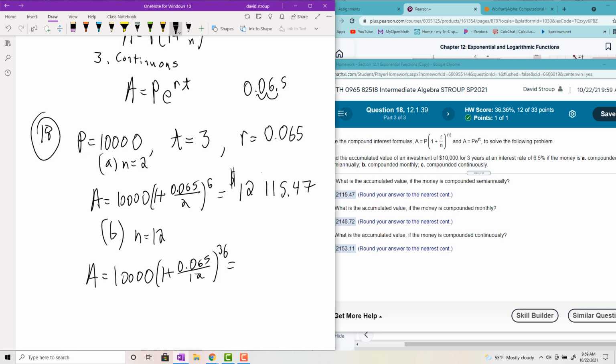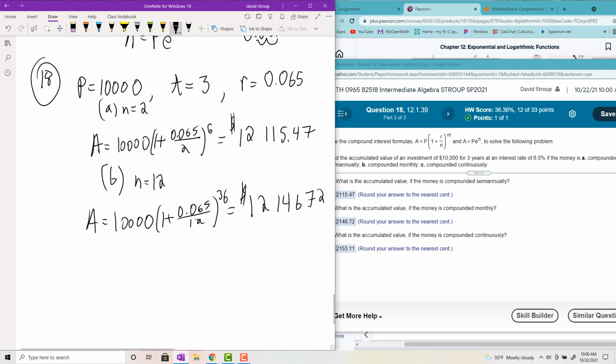Okay, so I'm going to type 10,000 parentheses 1 plus 0.065 divided by 12, raised to the 36th power, and I'm getting $12,146.72.